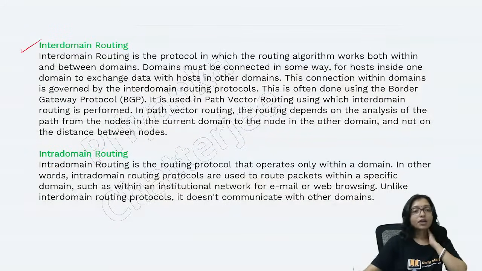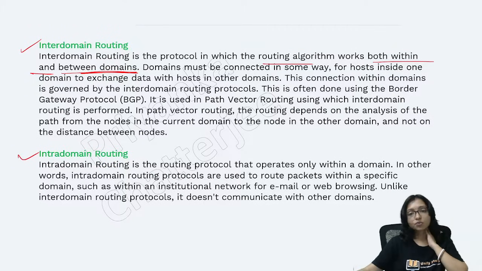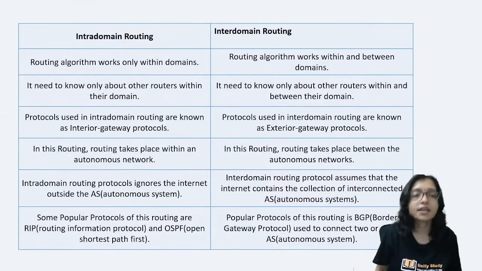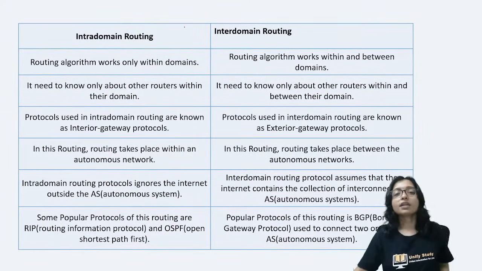Inter-domain means between two domains. That is, the routing algorithm works both within and between the domains. Intra-domain means it is within the domain only. So here you can see the difference between intra-domain and inter-domain.